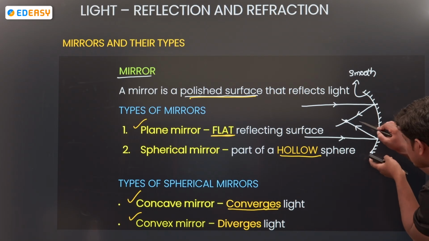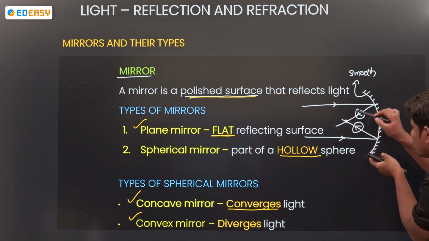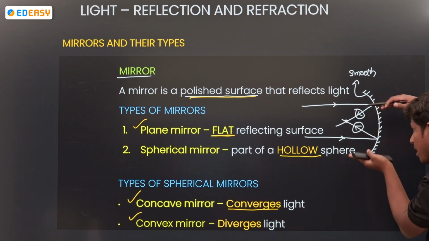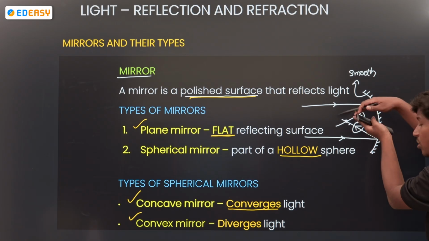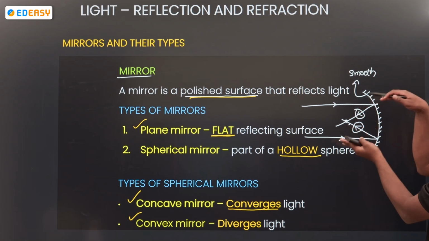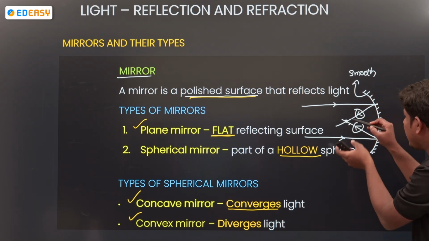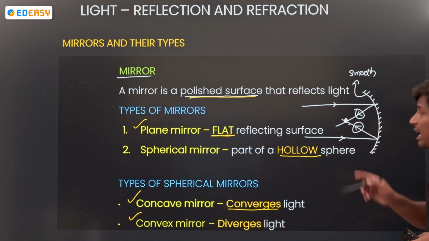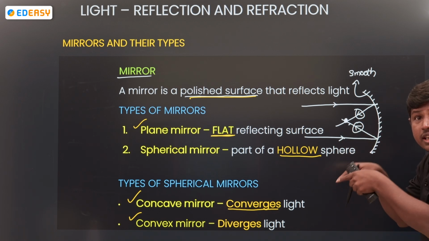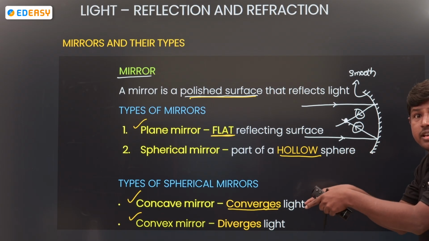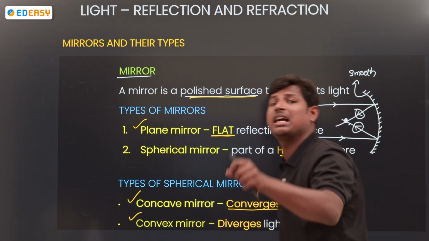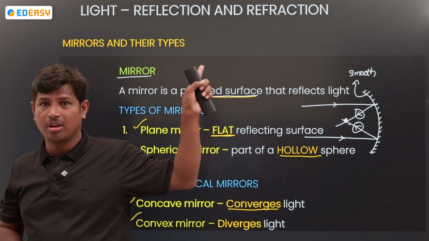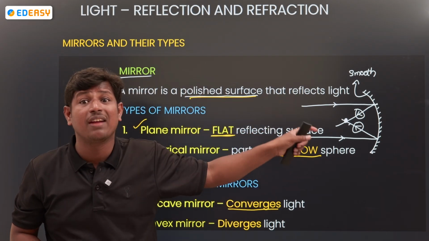Look at the directions. They are going to meet at a point, right? Combining at a point means converging. That's why it is called a convergent mirror. Understood? The concave mirror we call a convergent mirror also.